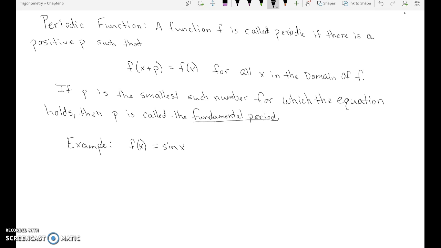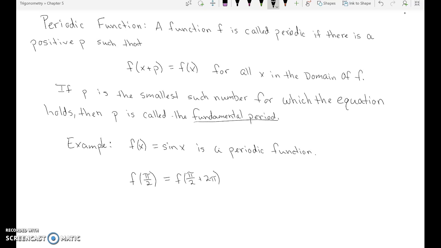All right, so f of x equals sine of x is a periodic function. And I know that because if I were to choose f of, I don't know, pi halves, then that would be the same as the value I would get if I used f of pi halves plus 2 pi.